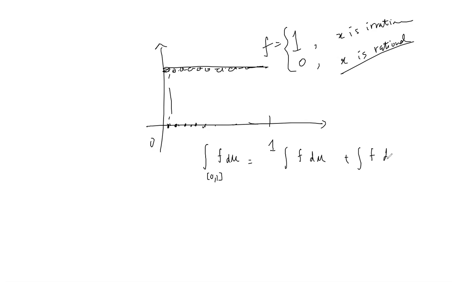This part is x rational, this part is x irrational, right? Because the union of rational and irrational between 0 and 1, you get the length, okay? And this one is equal to 1 because here it is 1, right?